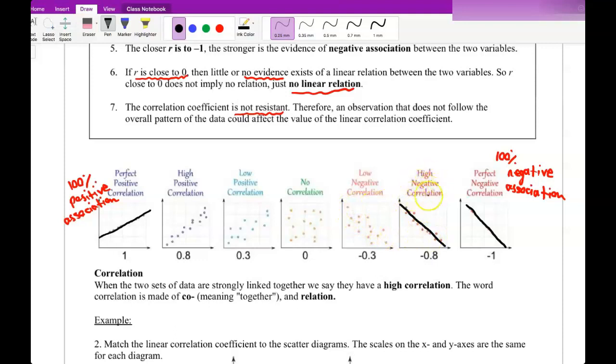So that is a high negative correlation. It's negative again because the slope is negative. Same thing on this part. By drawing a straight line, we can have some of the points on that line, but we have some outside. These points are very close, so this is a high positive correlation because we have a positive slope.